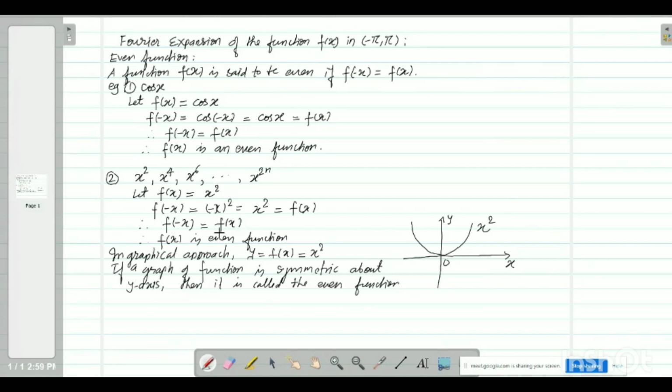Or just draw the picture of that function and see whether the function is symmetric about the y-axis or not. If so, then that will be an even function. If not, then it is not an even function. Getting it? But you should know how to plot the graph of the function.